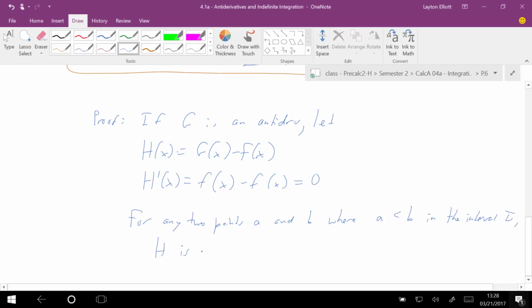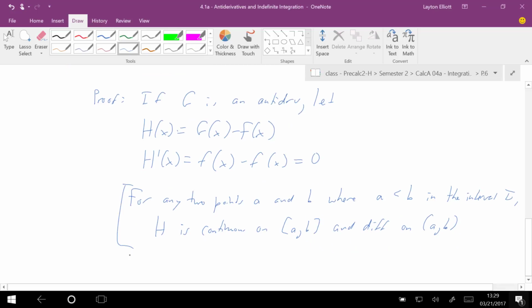We can say that h is continuous on [A, B] and differentiable on the open interval (A, B). Continuous on the closed and differentiable on the open. This should look familiar.